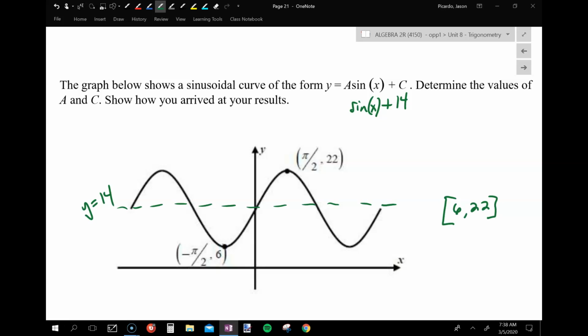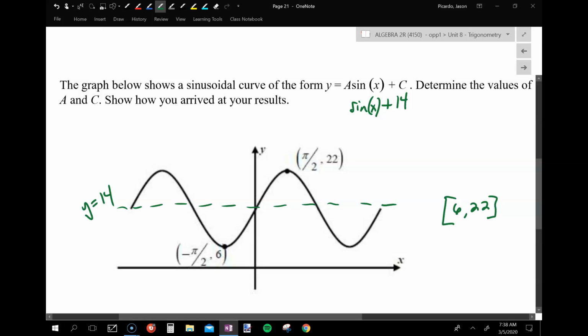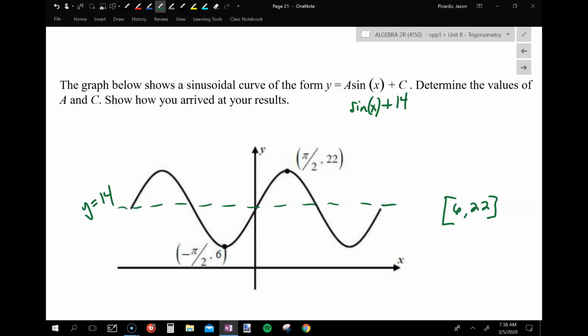Zach, can you tell me what the amplitude of this is? If the midline is at 14 and the highest point is at 22 and the lowest point is at 6. What does the amplitude represent?